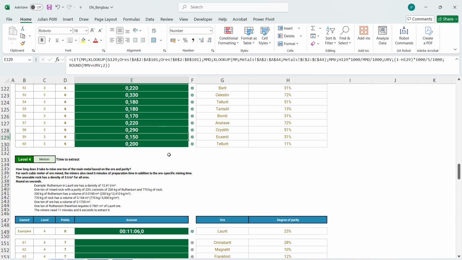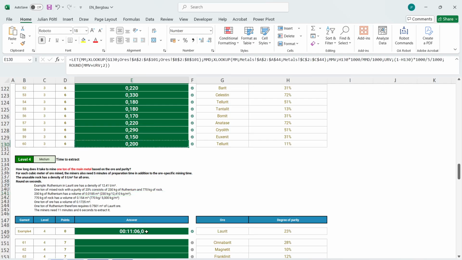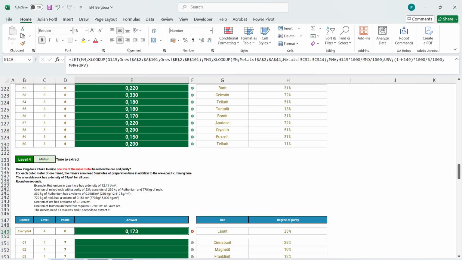Times to extract. How long does it take to mine 1 ton of the main metal? So 1 ton of ore has this volume given here. We know this, and this is rounded. We should unround this. Here you see it.